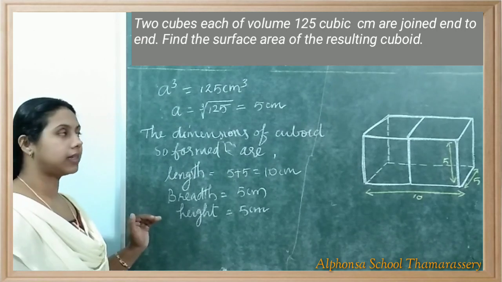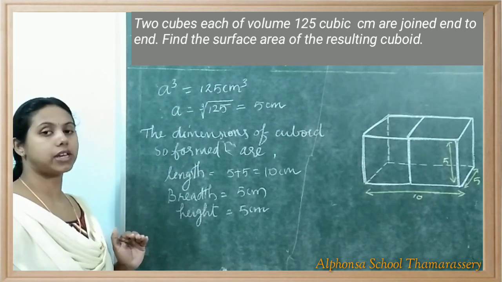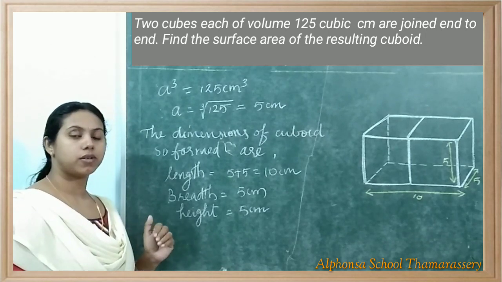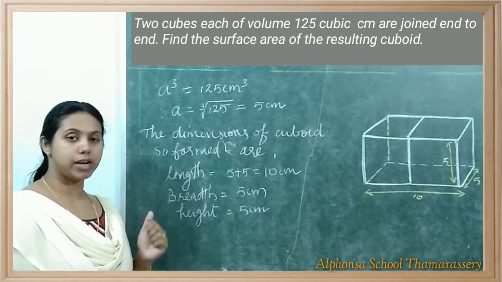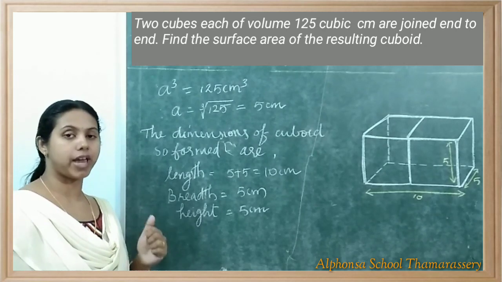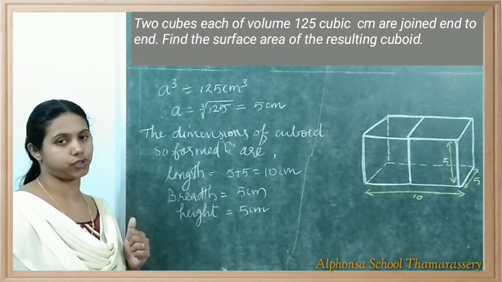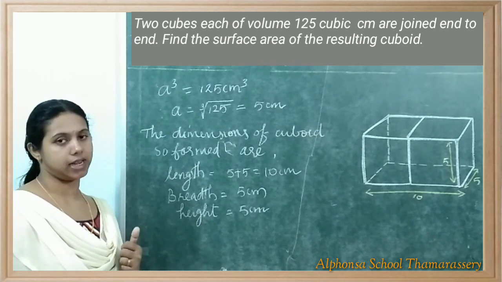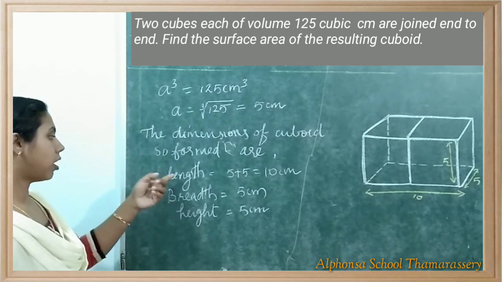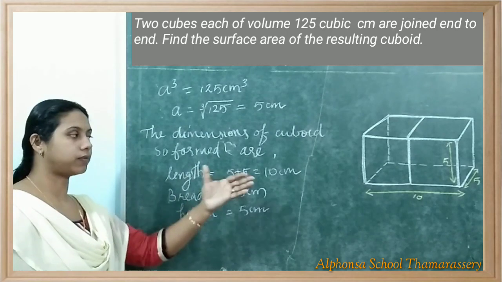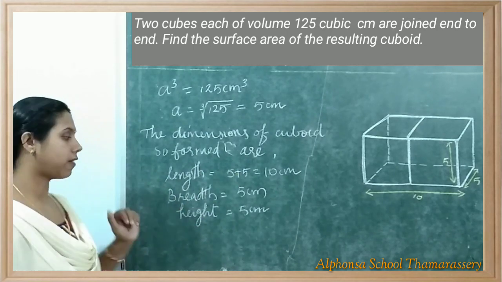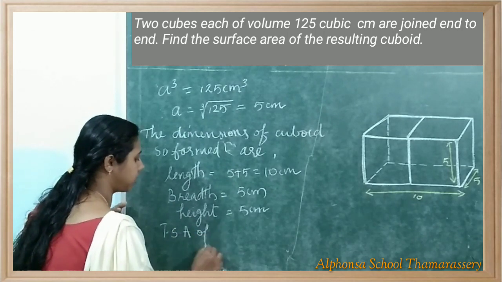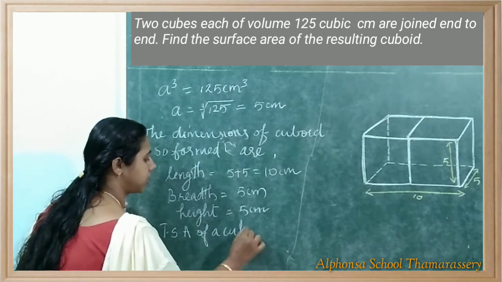We know that the total surface area of a cuboid is equal to 2 into LB plus BH plus LH. Here we know the length, breadth and height of the cuboid, so we can find the total surface area of the resulting cuboid.